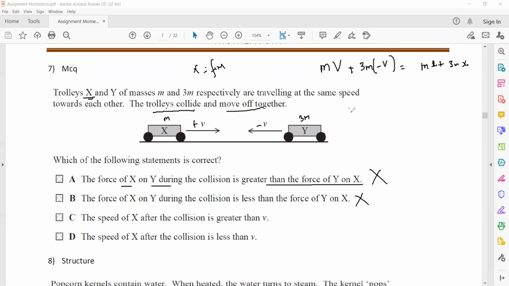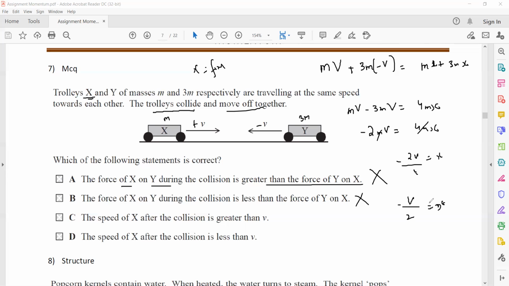So when we solve this, it will be mv minus 3mv is equal to 4mx. If we further simplify, mv minus 3mv is equal to minus 2mv, equal to 4mx. m will cancel with m, so it will be minus 2v divided by 4 is equal to x. So x will be v divided by 2.